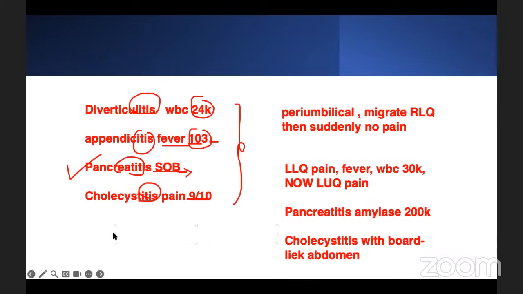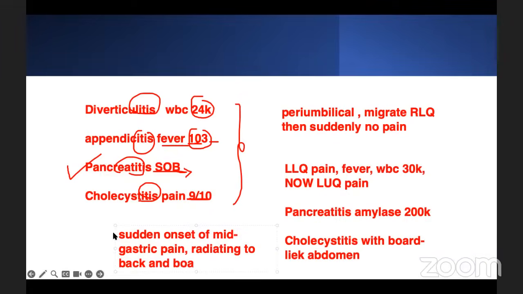And then I tell you, somebody in the hospital, then sudden onset of mid-epigastric pain, right? Radiating to the back and a board-like abdomen.